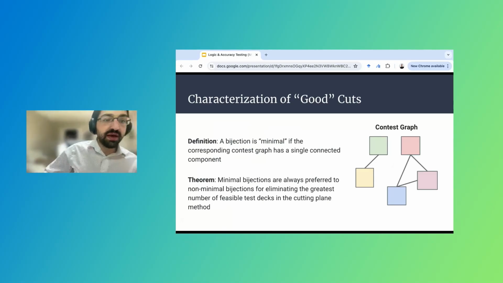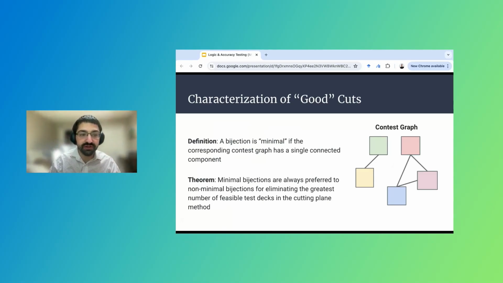Our theorem says that minimal bijections are always preferred to non-minimal bijections from the perspective of eliminating the greatest number of feasible test decks. In other words, here, either of these is preferable to this. Both of these two separately are preferable to this.